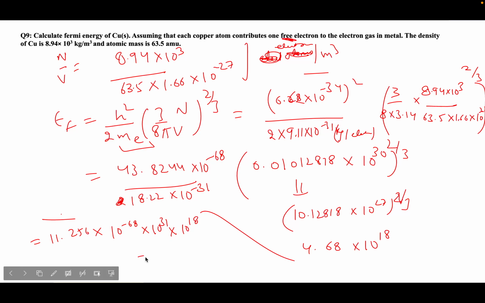So this is 11.256 into 10 to the power minus 19. This is the answer, in joules.